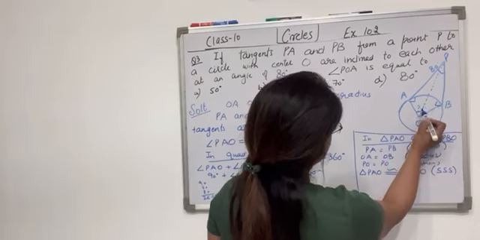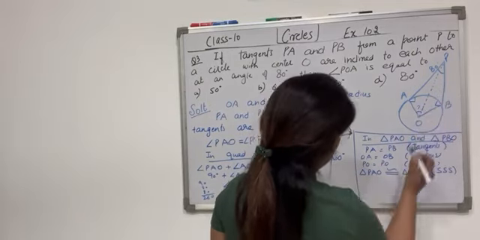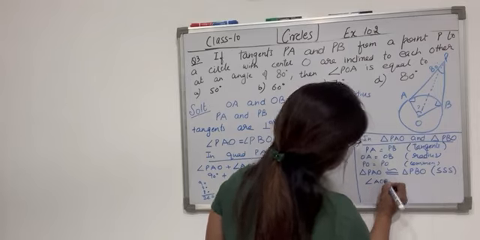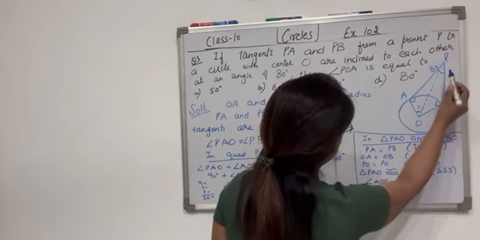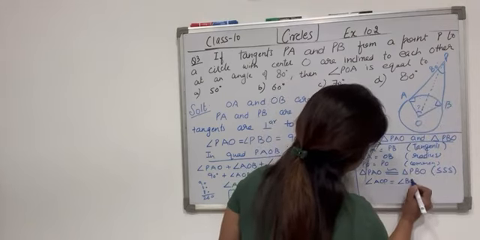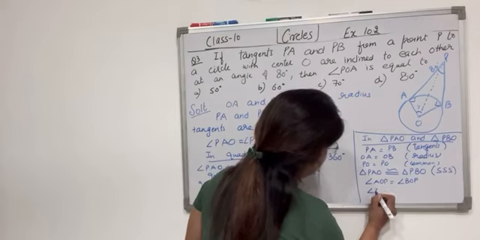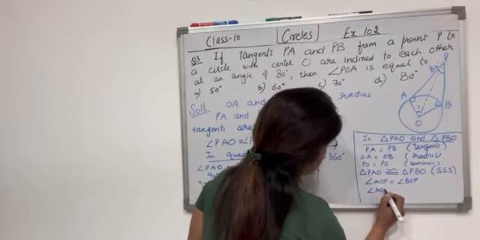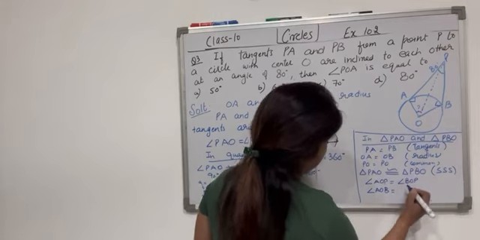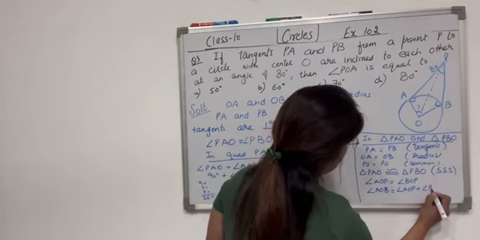Now we know by CPCT, when two triangles are congruent, their corresponding parts are also equal. So I am going to say this angle AOP, this middle angle, will be equal to angle BOP. But this complete angle AOB can be written as angle AOP plus angle POB.